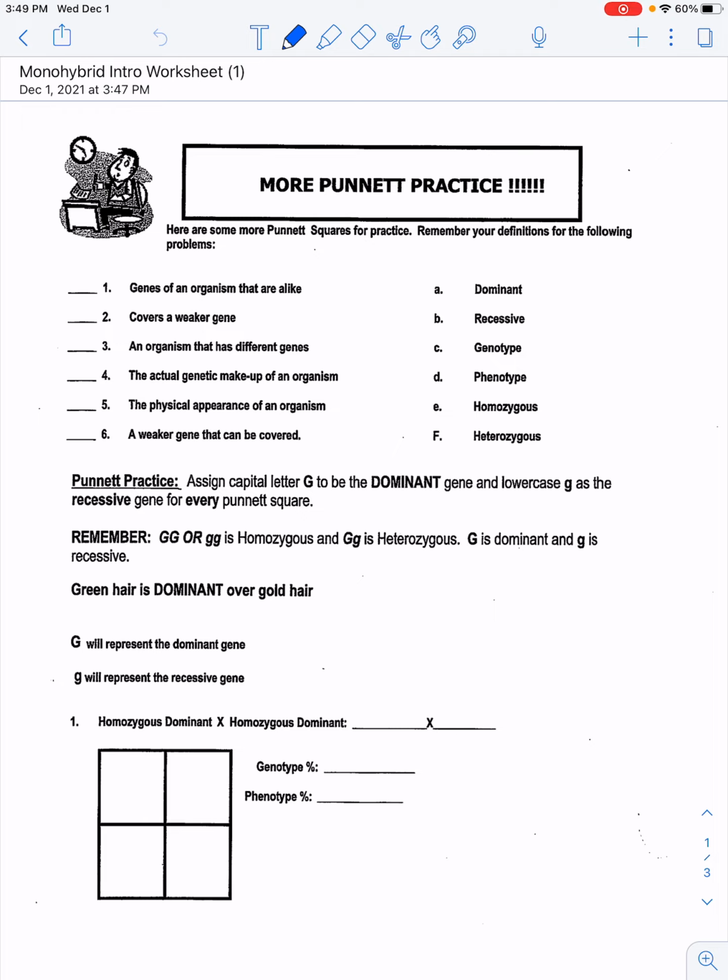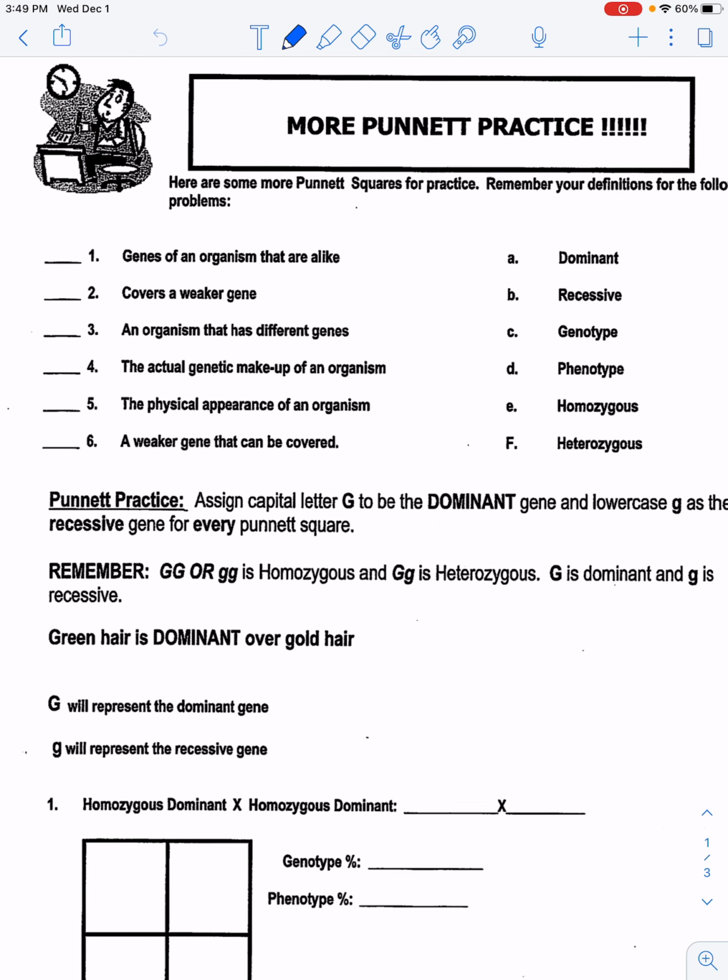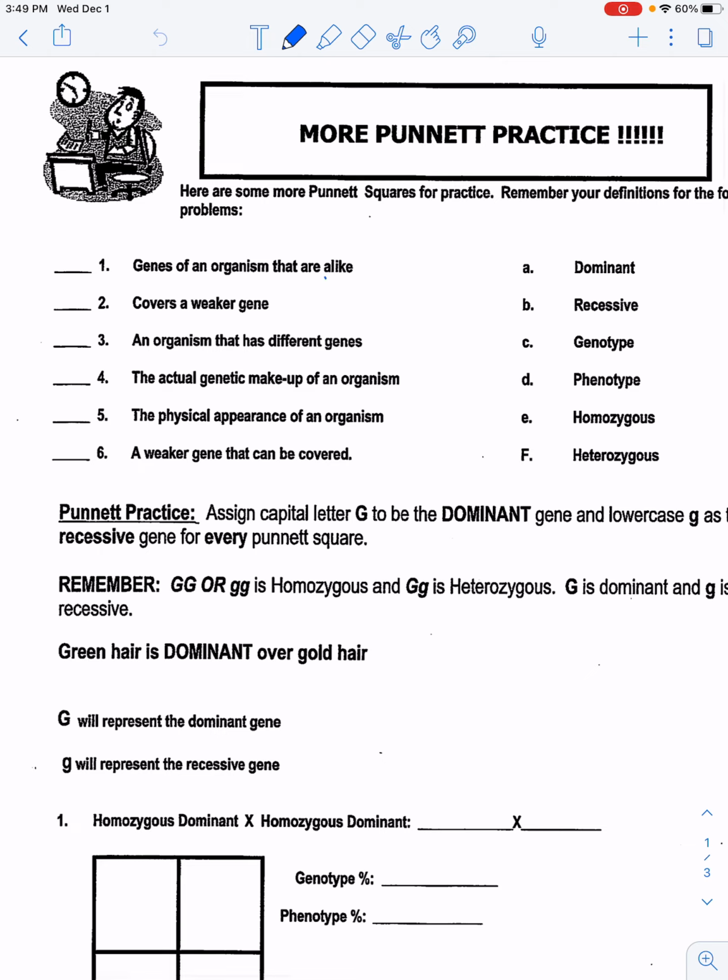Okay, so the first thing we're going to do here is find the word that is described by the definitions here, okay? The very first definition is genes of an organism that are alike. So when we have things that are alike, they are the same, and we have a prefix that means same, and that is homo. This word is homozygous.